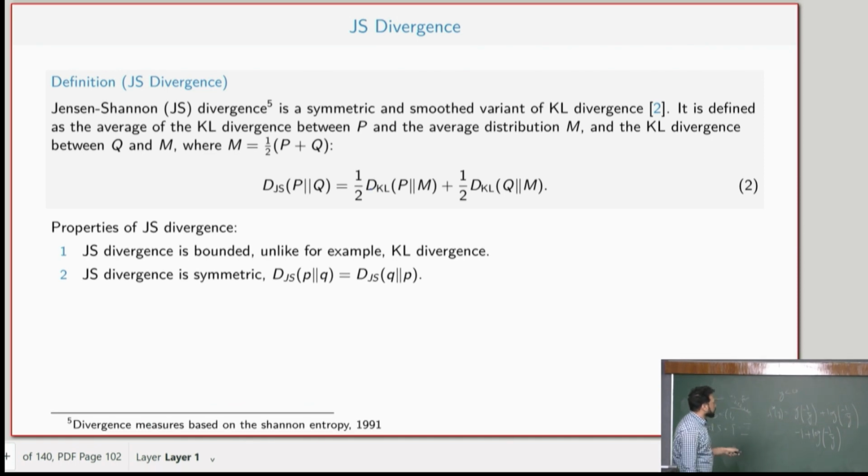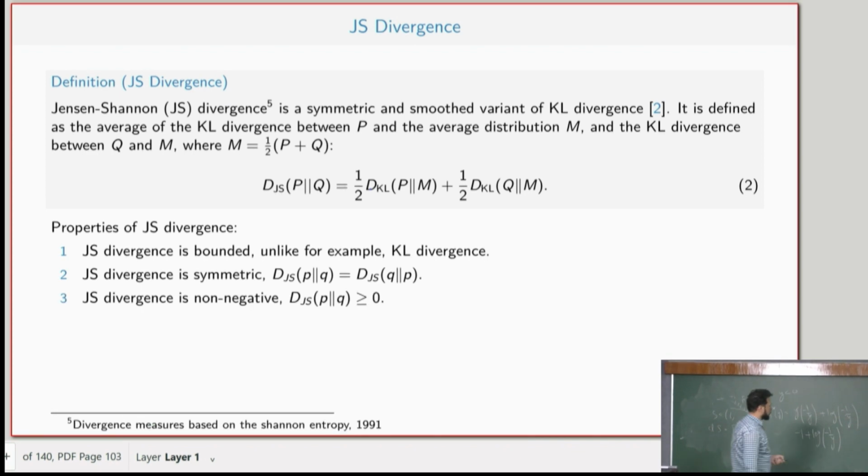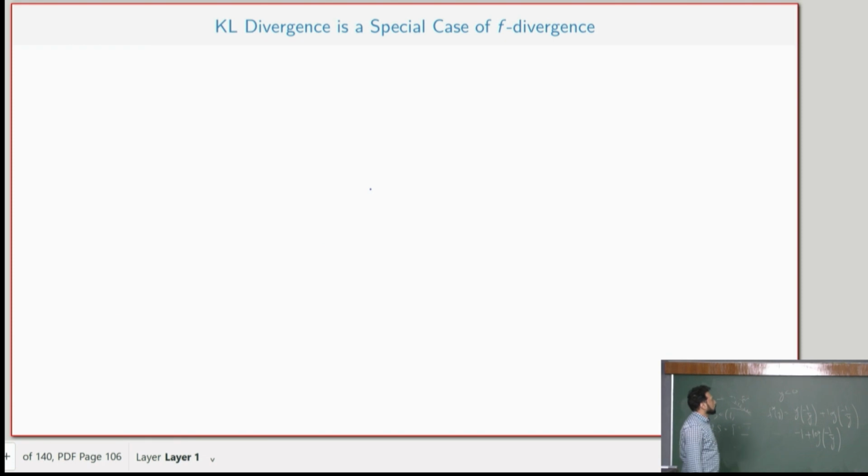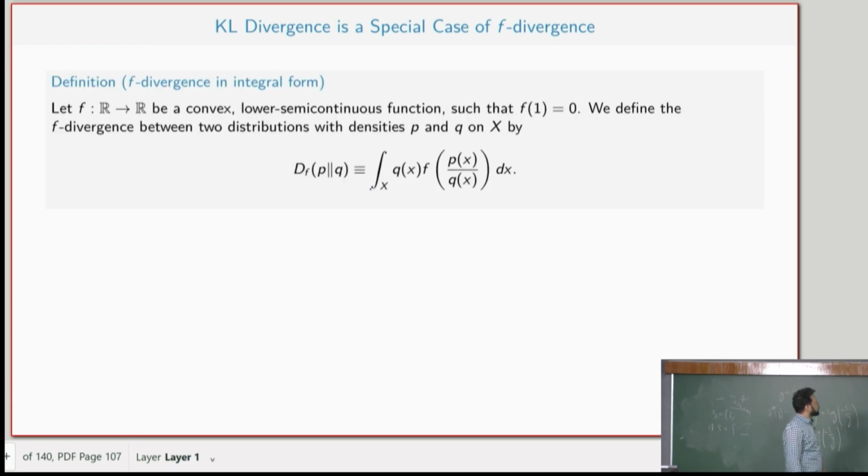And then JS divergence is symmetric. Again, from the symmetry it's more or less clear. JS divergence always takes values greater than or equal to 0, between 0 and 1. And the square root of JS divergence is a metric. Okay, so now we would like to go to something called f-divergence. Sometimes we write divergence as expectations, sometimes we write it as an integral.